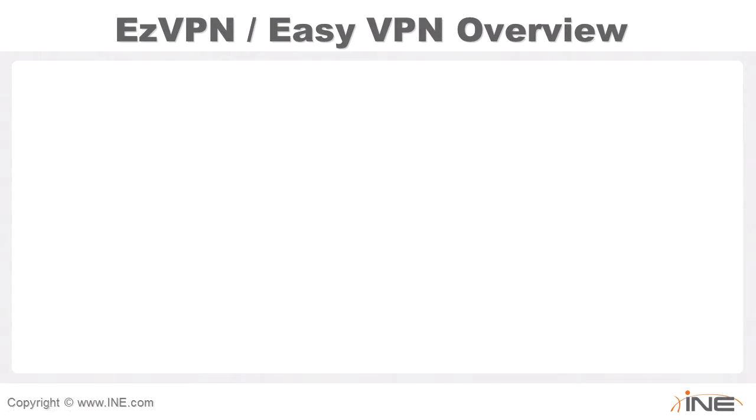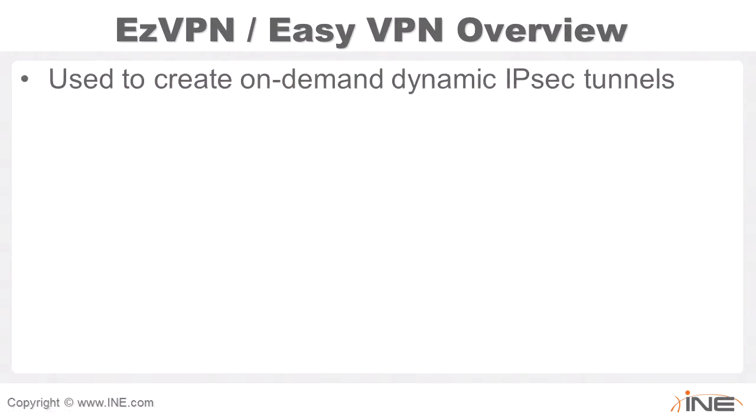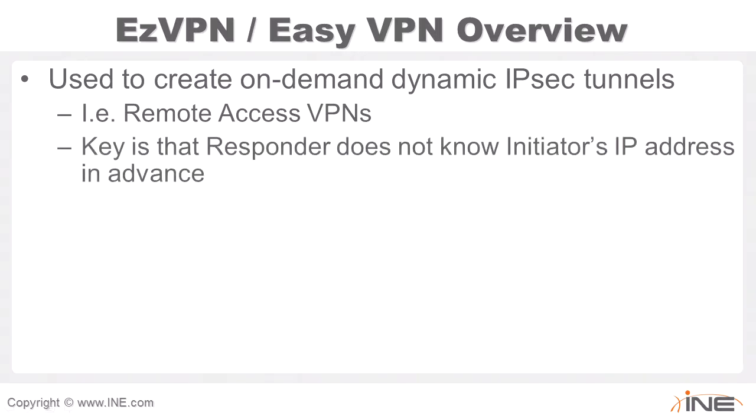Now, the overall goal of this feature with Easy VPN is that we're going to be creating an IPsec tunnel that is on demand, or that is dynamic, meaning this is going to be a remote access VPN. One of the key points about this, different than what we previously saw with the LAN-to-LAN VPNs, is that the responder who is receiving the IPsec session doesn't already know what the IP address of the initiator is going to be in advance.